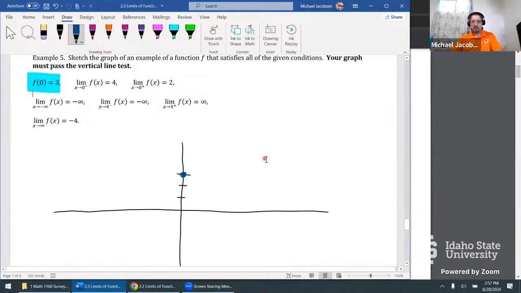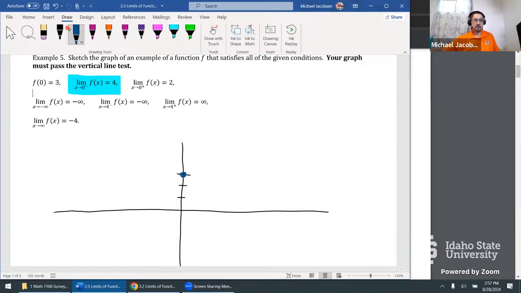See if I can zoom in just a touch here. Next one is going to be a limit. And it says as we approach 0 from the left-hand side, our height has to be at a height of 4. So because of that 4, let's put in a tick mark up here.